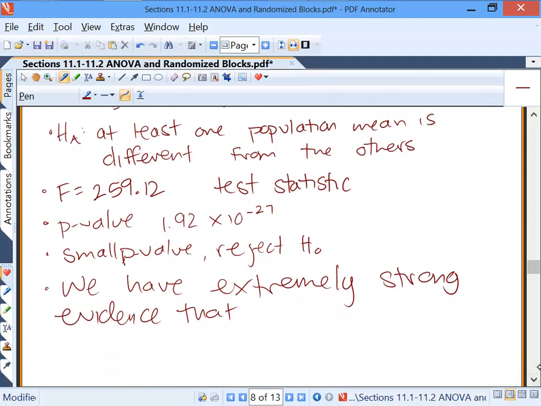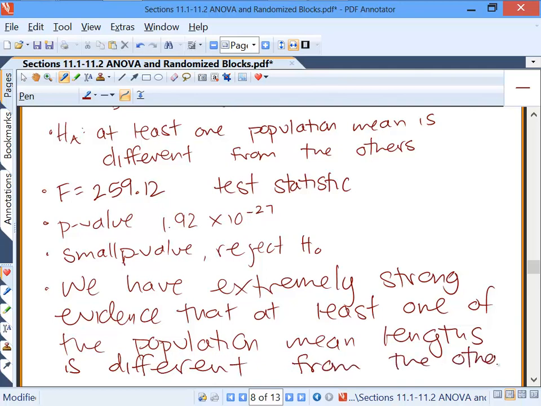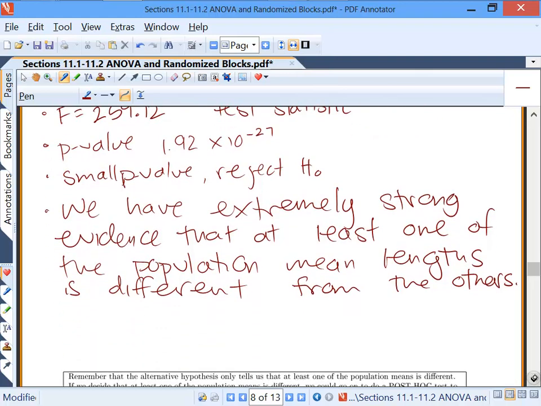So extremely strong evidence that at least one of the population mean lengths is different from the others, based on which species they were. And I guess I should write a little bit smaller.